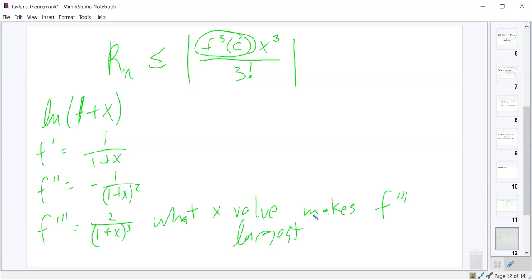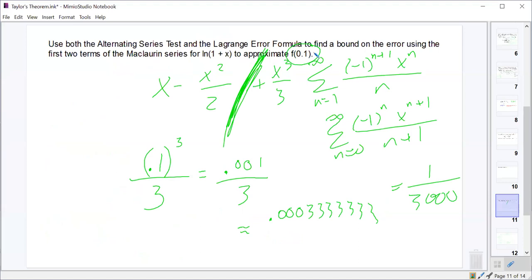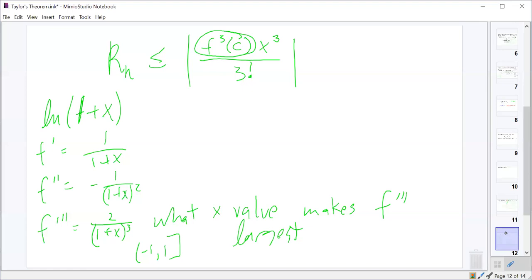Because the interval of convergence here is -1 to 1, we need whatever is going to make it the largest on -1 to 1 inclusive, but we're approximating it at 0.1, so it's got to be something between 0.1 and 0.